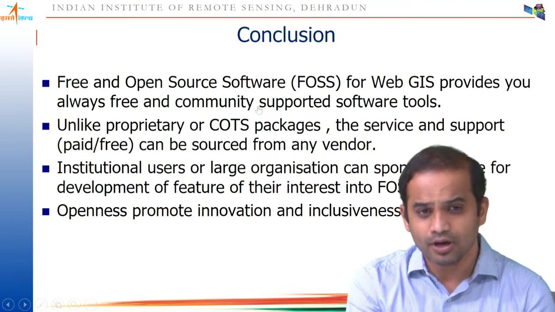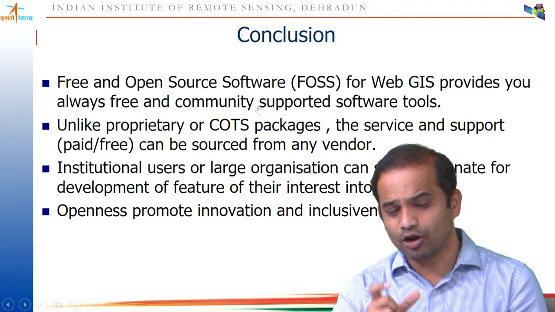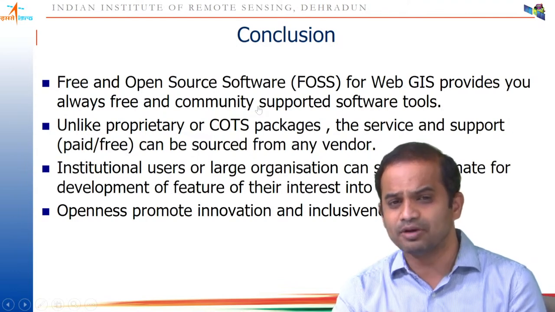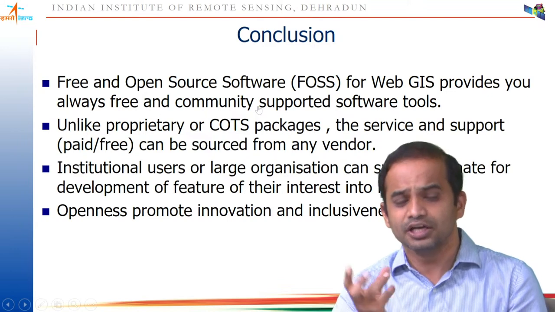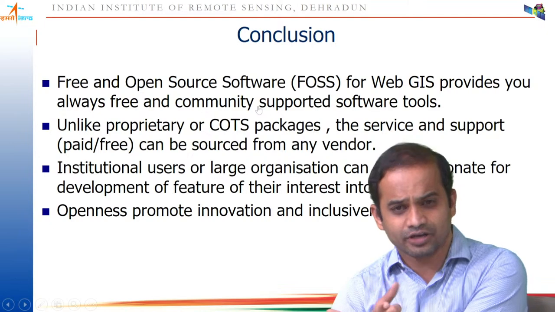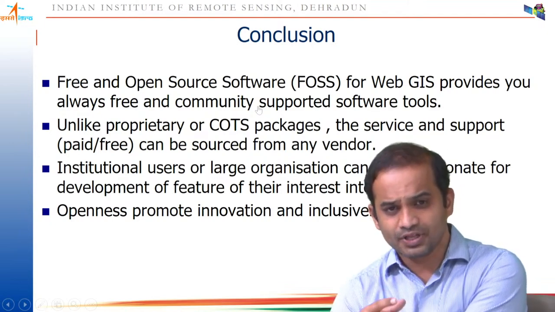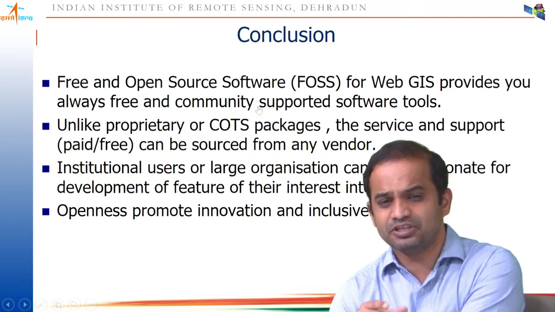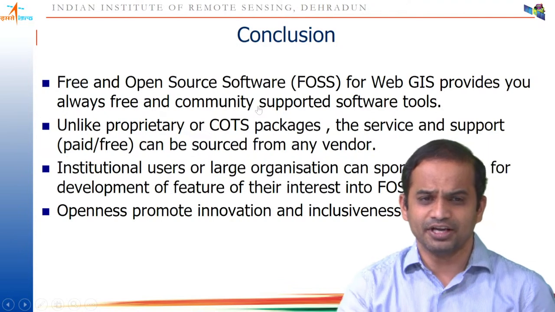At the same time, the development is not going to waste, because that developed feature, along with its source code, will be available in the open source community. So other organizations or institutional users need not pay for the same feature. So institutional users or large organizations can keep sponsoring new features, in place of wasting money on the same features developed in other commercial software, funding and refunding again.